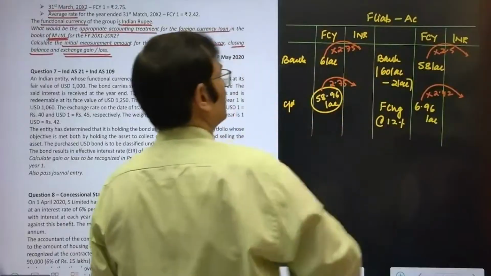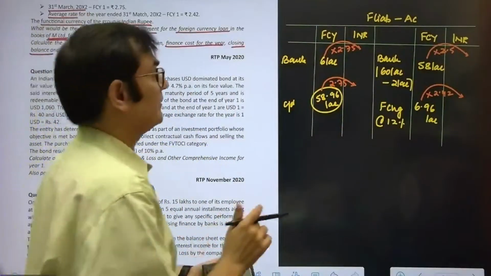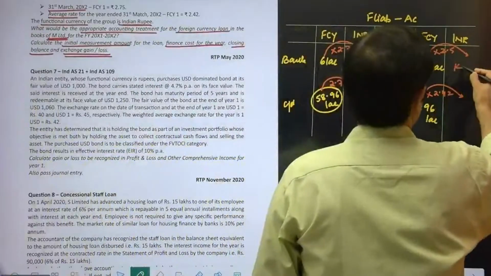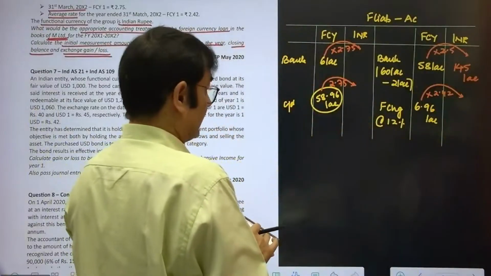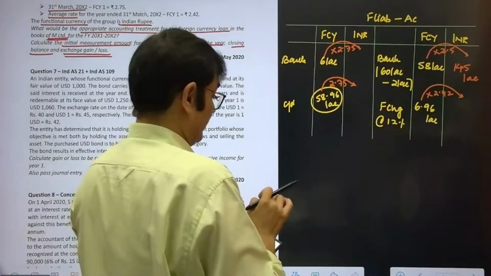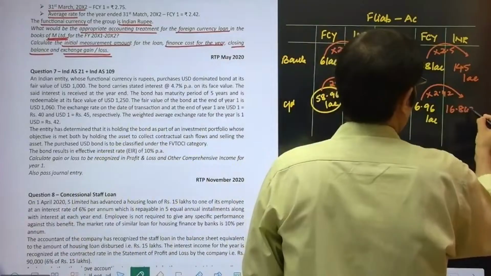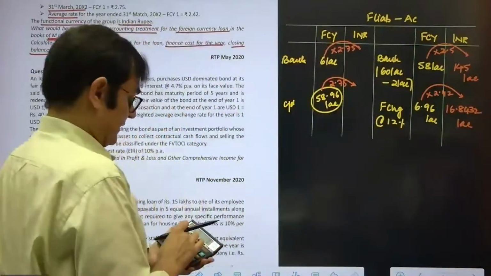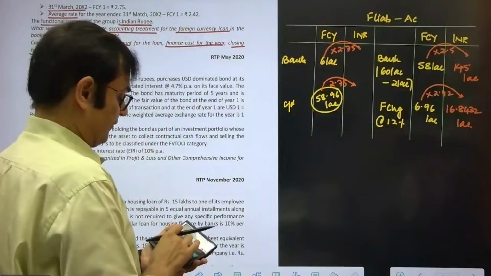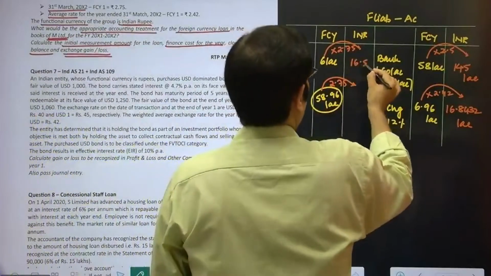So let's multiply this with the respective rates. 58 into 2.5, that's 145 lakhs. 6.96 into 2.42, that's I think 16.8432 lakhs. Then 6 into 2.75, and I think that works out at 16.5 lakhs.